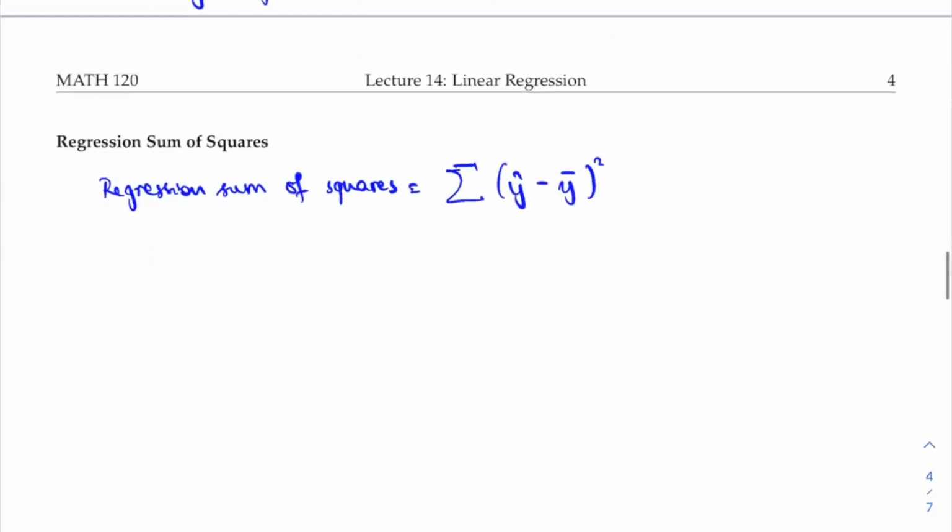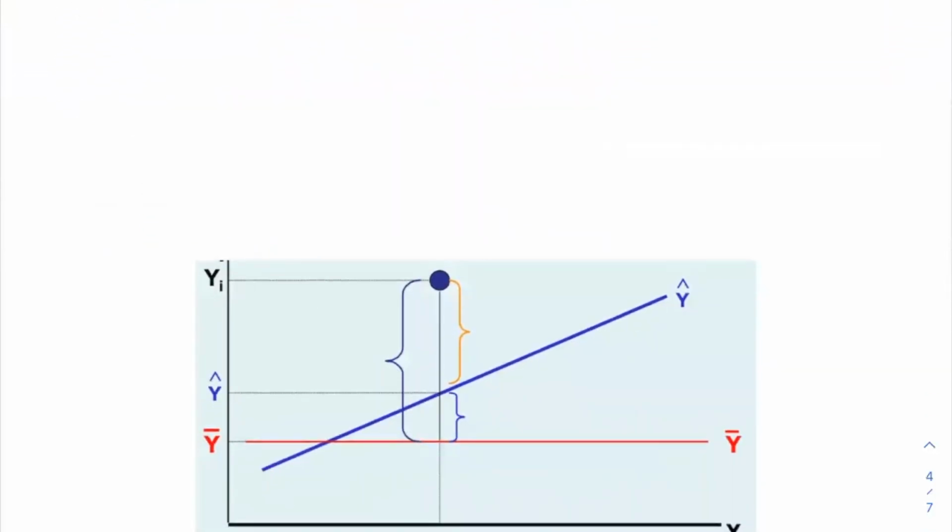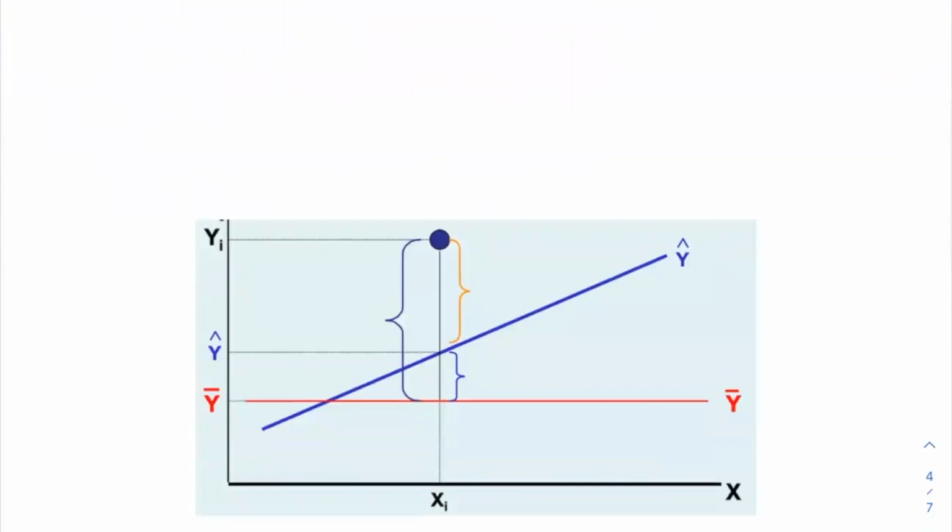Let's take a look at the following graph. In this graph, we have the regression line that we want to fit to the data set, the mean value of the predicted value, and the y value from the data set that we observed. The variation between the data set and the regression line is the sum of y minus y hat squared.